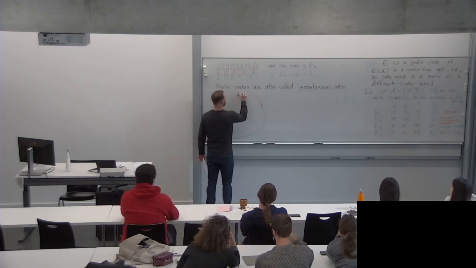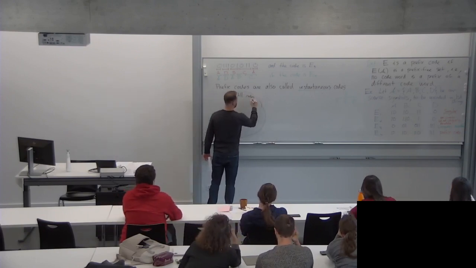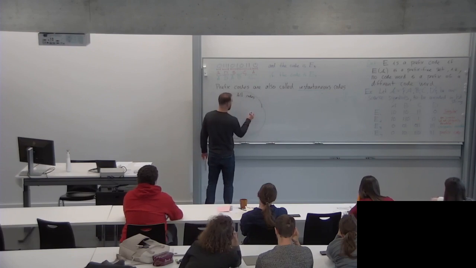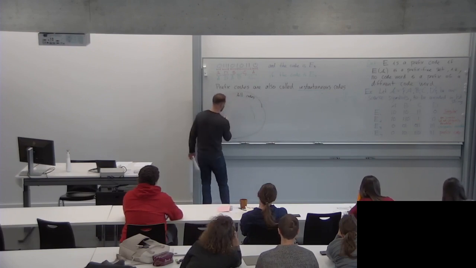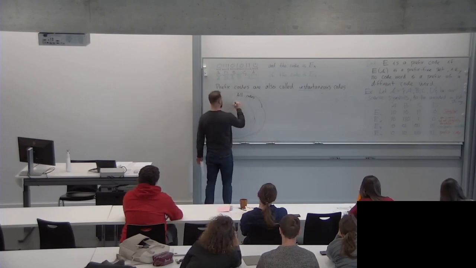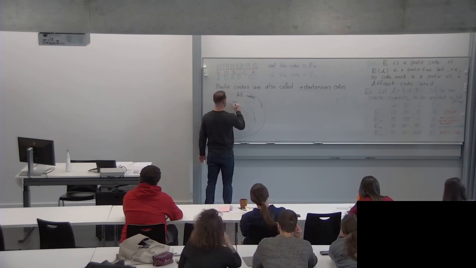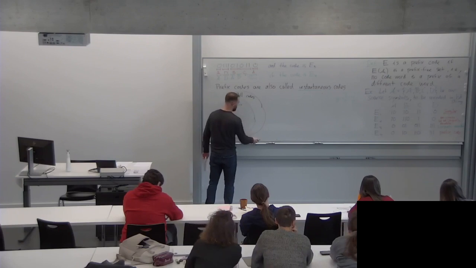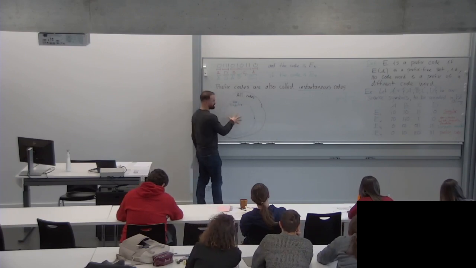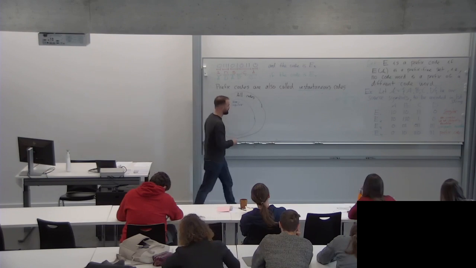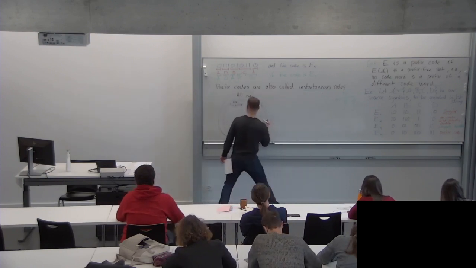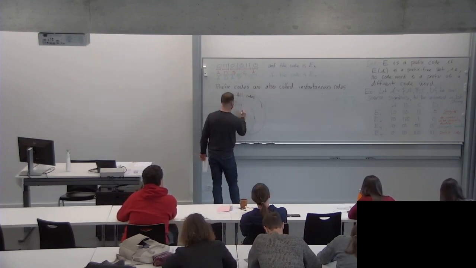We have all codes. And as a subclass of codes, you have non-singular codes. As I said, for some authors, only non-singular codes qualify as codes. And as a subclass of them, you have uniquely decodable codes.